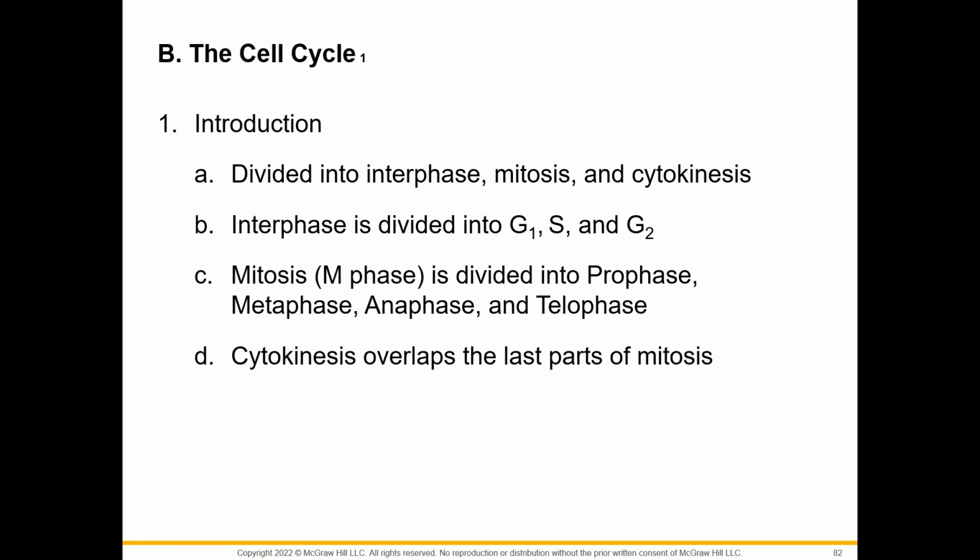So, the introduction to the cell cycle is divided into interphase, mitosis, and cytokinesis. Interphase itself, you might have heard of as cell resting. It's not resting. We've learned that the cell is doing a lot of stuff throughout the day, every day. So when it's in G1, the G1 phase, G stands for gap, but it's not really gapping nothing.